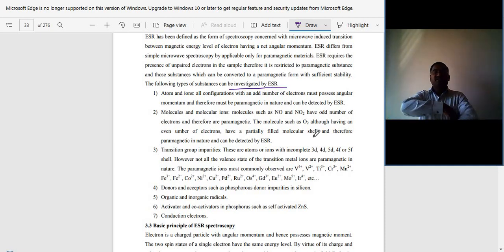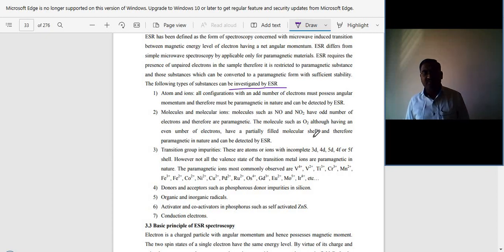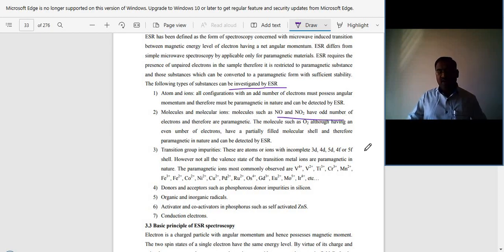What are these substances, and what is ESR actually? All configurations with an odd number of electrons must possess angular momentum and therefore must be paramagnetic in nature, which can be detected by ESR spectroscopy. Molecules such as NO and NO2 have an odd number of electrons, therefore they are paramagnetic.